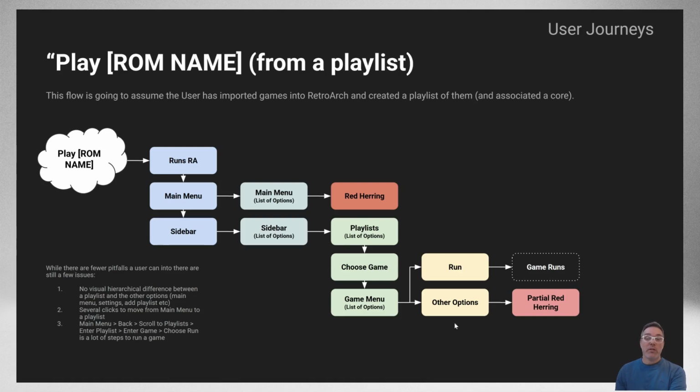Now, there's a whole bunch of other options there, and some of them I've listed as partial red herrings, because usually the player or user shouldn't really need to touch many of these. And so by presenting them with kind of equal visual priority and hierarchy as run, it's maybe causing a lot of users to look at that screen and go, oh, should I care about some of these things?